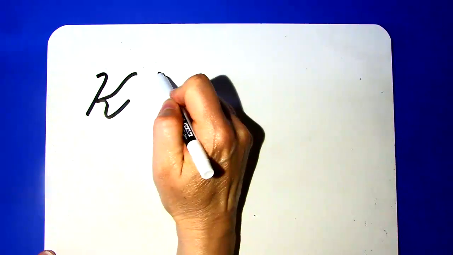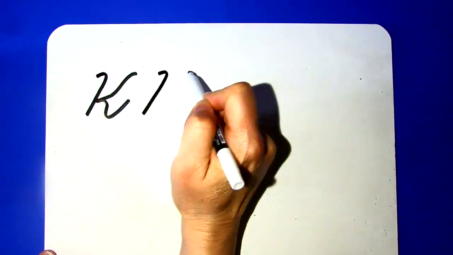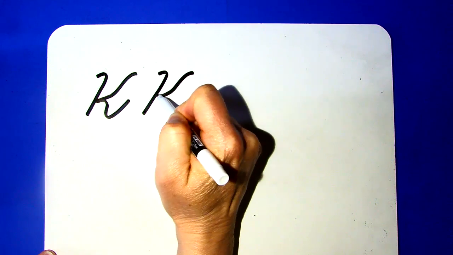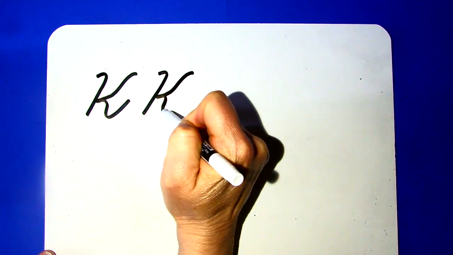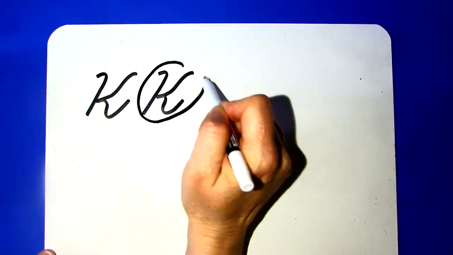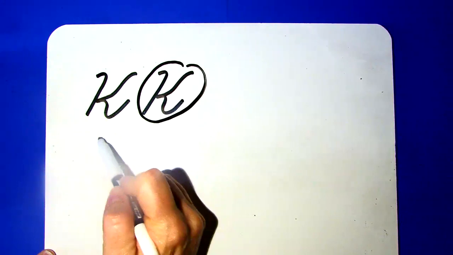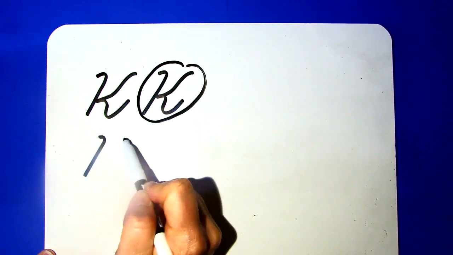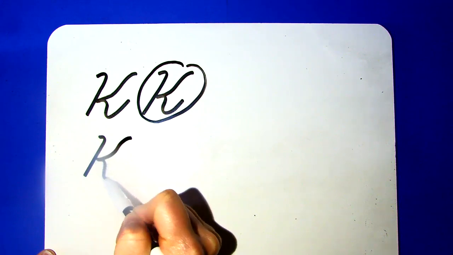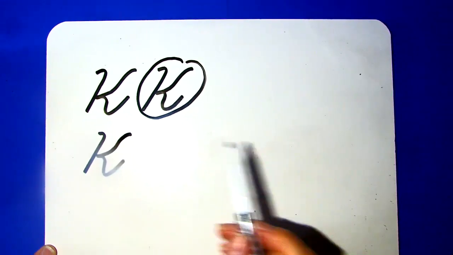Watch again. Curve forward, pull back. Take your pencil off the page, go back to the top. Curve into the midline, out, and undercurve. This one's definitely better than the first one I made. Watch again. Curve forward, pull back. Lift your pencil off the page, curve in and out and undercurve.